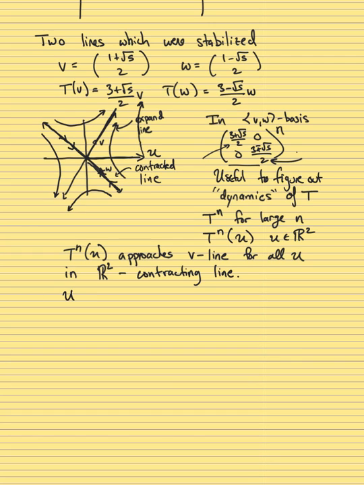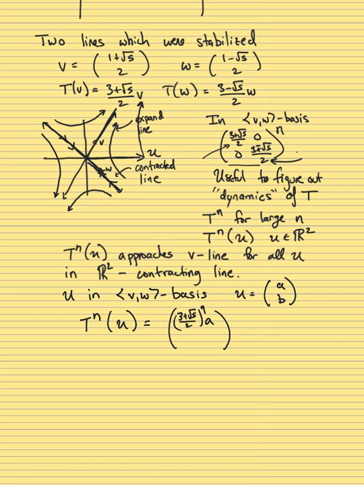Well, notice that if we write u in the v, w basis, so u will just be (a, b), written in terms of v and w, then T to the n of u, again written in this basis, is just ((3 plus square root of 5)/2) to the n times a, ((3 minus square root of 5)/2) to the n times b. Okay? But now for any value of b, this is going to 0, in the v, w basis.